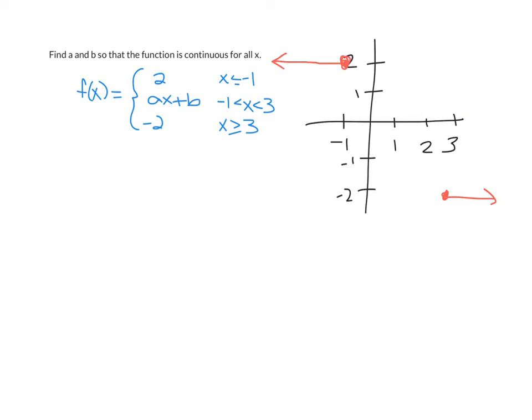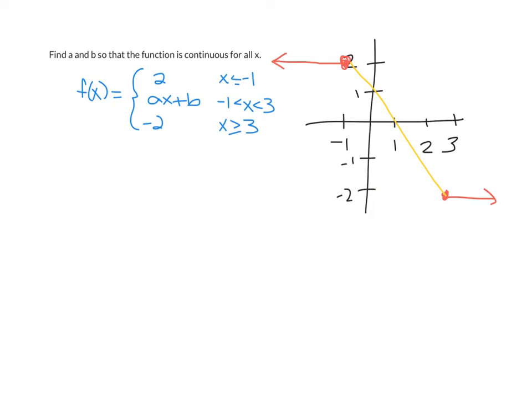But what they're asking us to figure out is what happens in between here. We can see it's a line. When I drew it, the x and y intercept were at 1. We can't be sure that that's true. Maybe it is, maybe it isn't. But we need to use algebra to figure out what our slope and y-intercept of that middle part are.